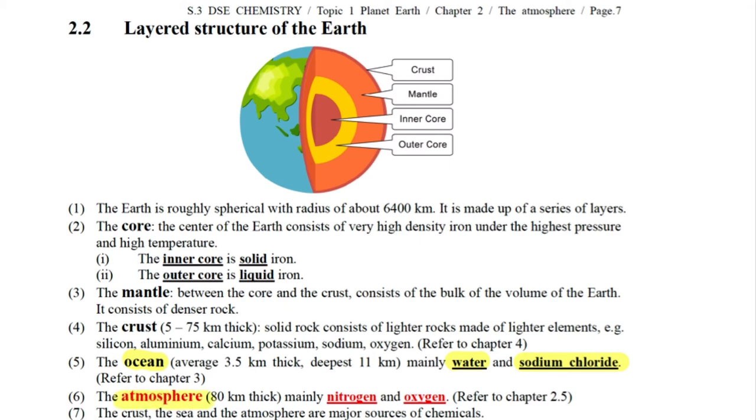The atmosphere is mainly nitrogen and oxygen. So the crust, the sea, and also the atmosphere are major sources of chemicals.